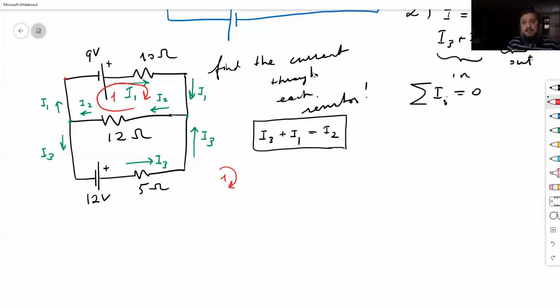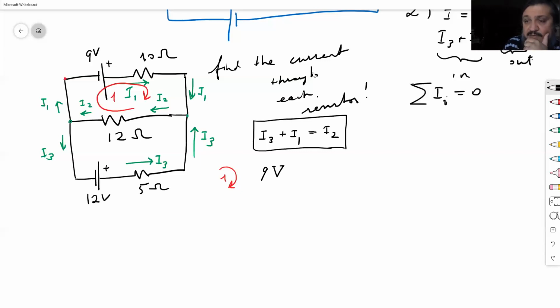What will happen? The potential changes will be added to give me 0. Okay, that's the idea. That's Kirchhoff's rule. So that will be my second equation. So going from the negative terminal of the battery to the positive terminal, there was obviously an increase in the potential. By what amount? By 9 volts.